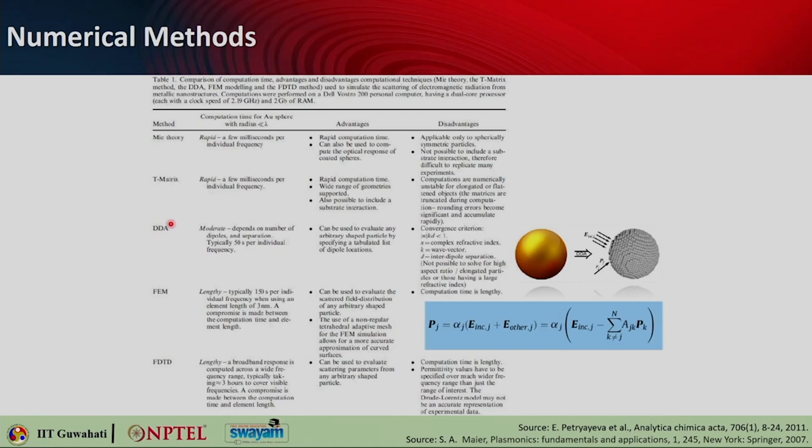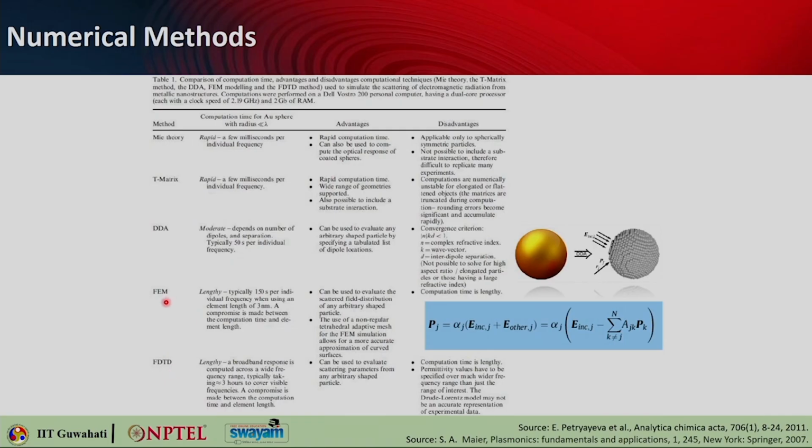So, DDA is a numerical method that allows you to do it for any complicated shape, but there is a convergence criterion that |m|kd, where d is the interdipole separation, should be less than 1 for this calculation to converge. Then you have finite element method, or you can use FDTD, this is finite difference time domain method.